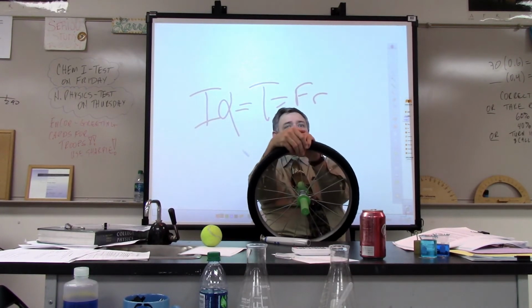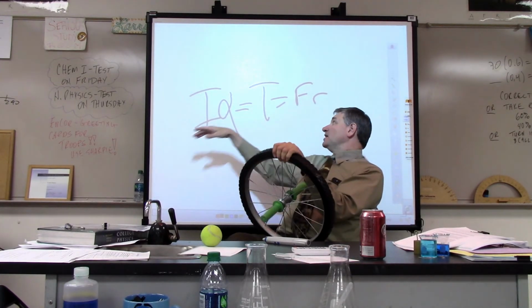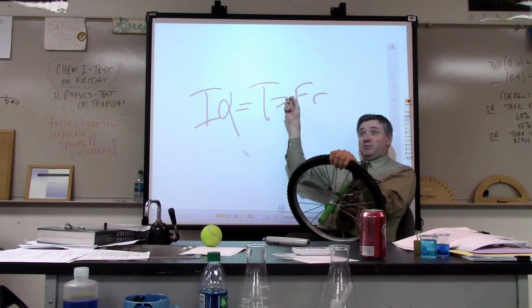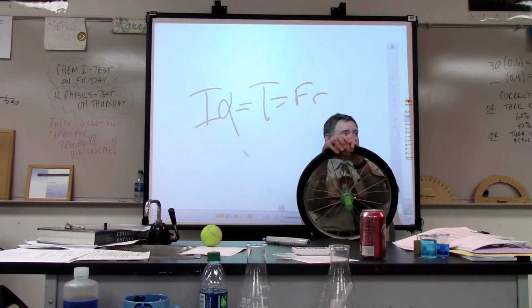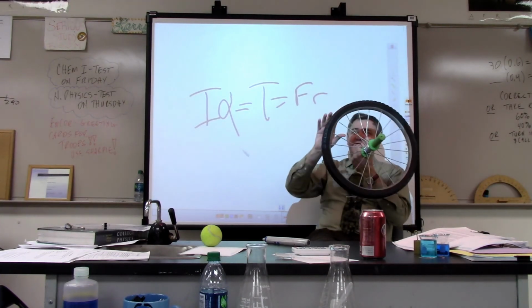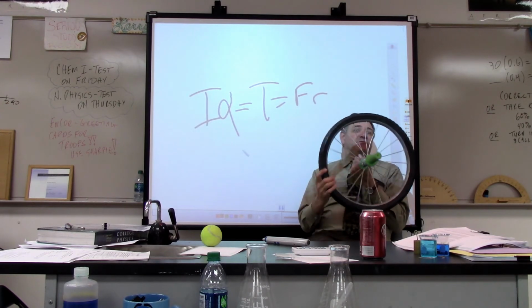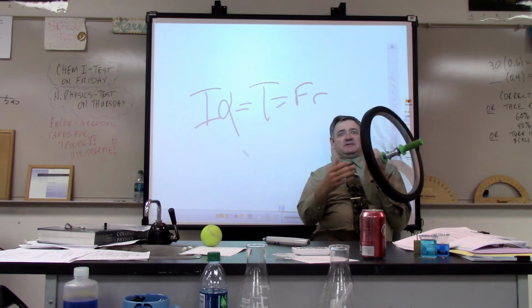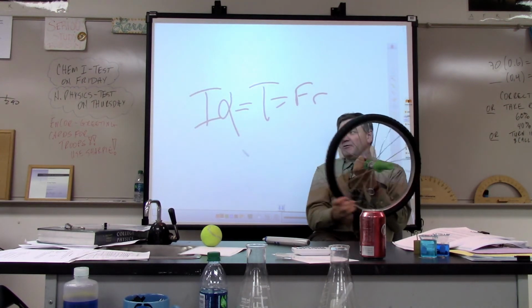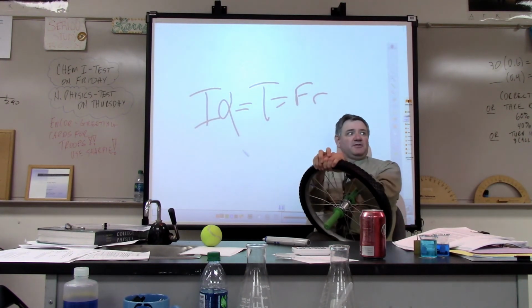What else? Perhaps the amount of force that I apply? That seems reasonable. If I apply just a little bit of force, I get just a little bit of acceleration. If I apply a lot of force, I get a lot of acceleration.